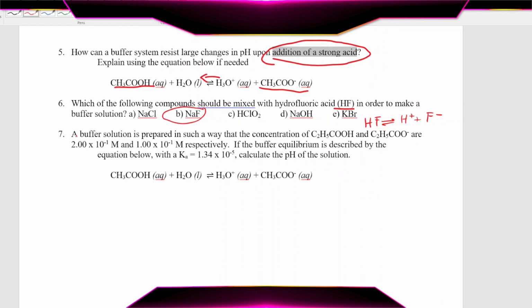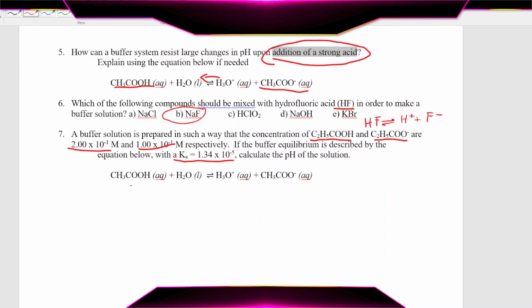All right. Now it says a buffer solution is prepared in such a way that the concentrations of these are given. They gave you the two concentrations, and then they're asking you the pH, and they gave you the equilibrium constant, right? Look at this.